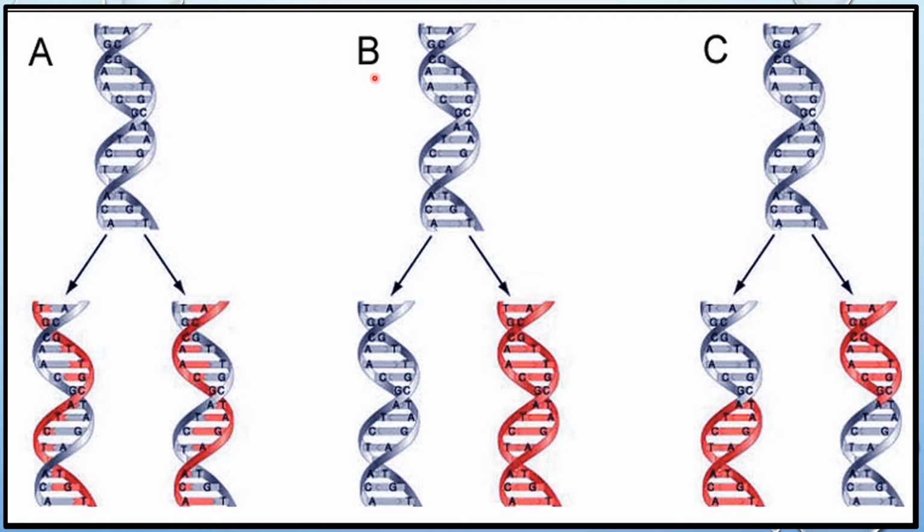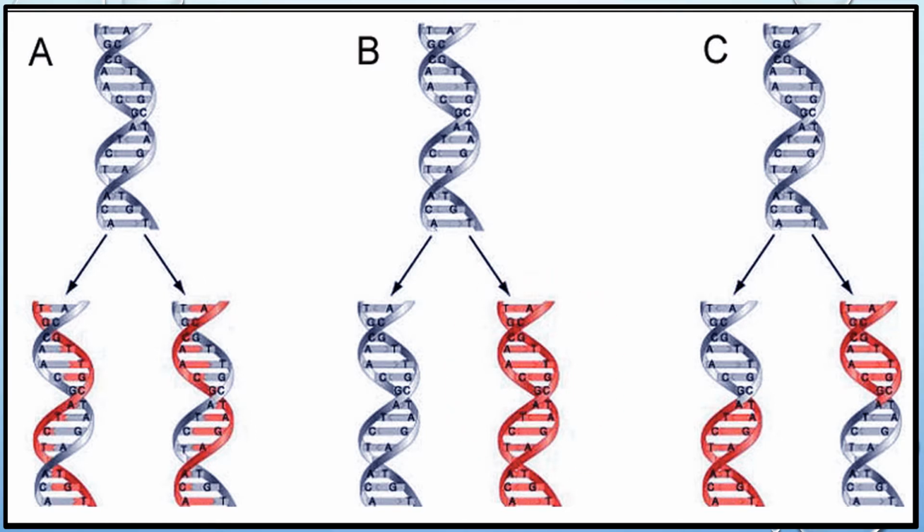While part B of this diagram is explaining the conservative model of DNA replication. This model states that the parental double helix would remain intact and generate DNA copies consisting of entirely new nucleotides.